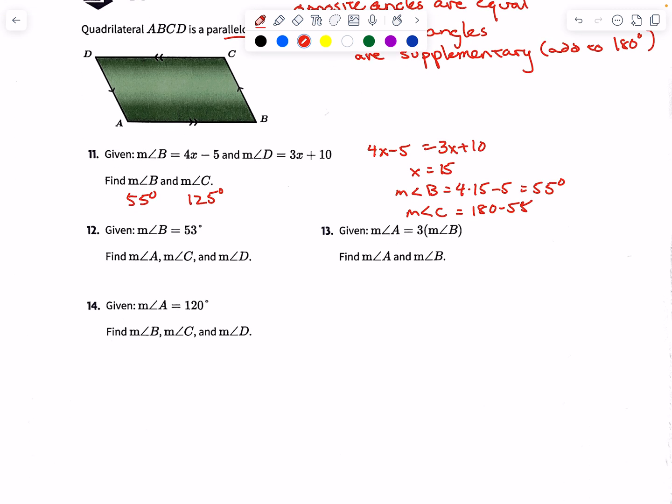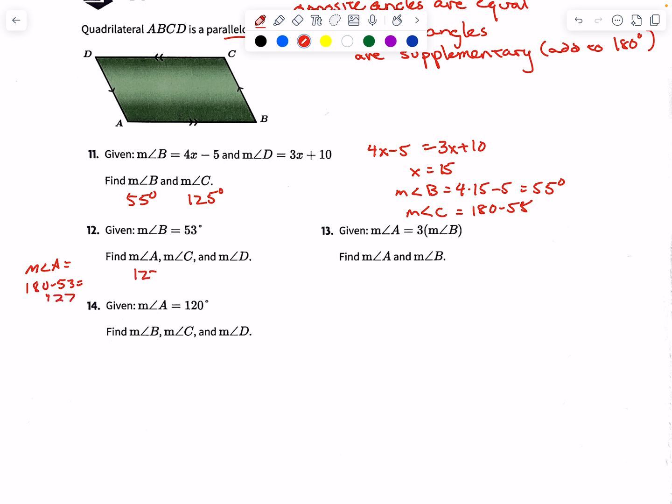Okay, next, if measure of angle B is 53 degrees, then A is 180 minus that.